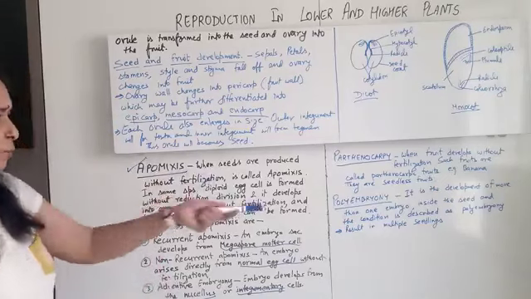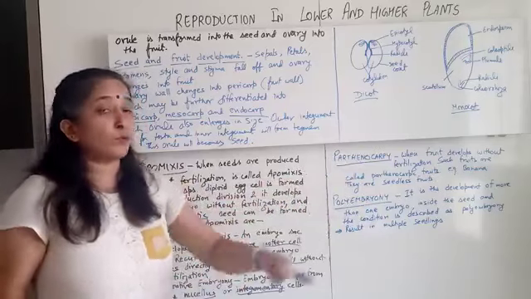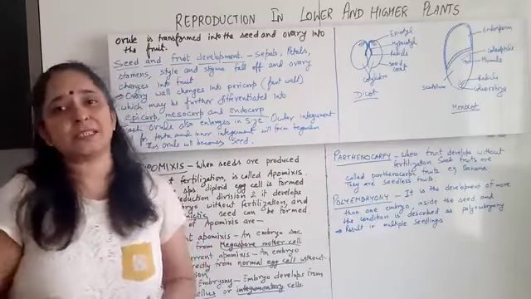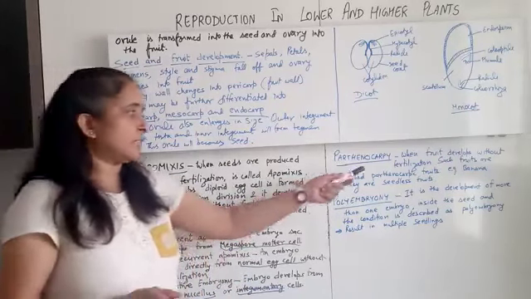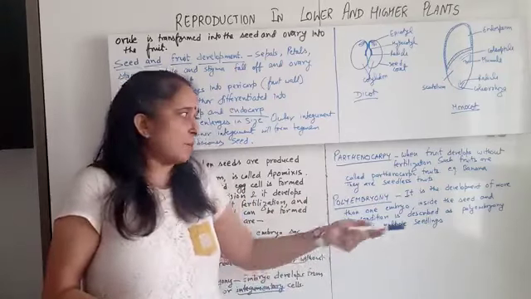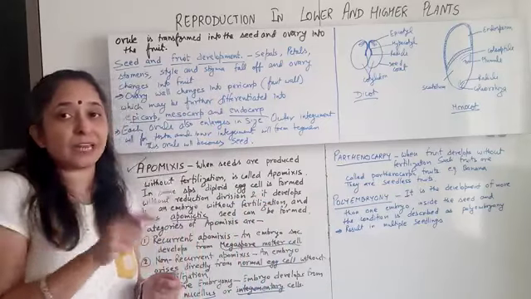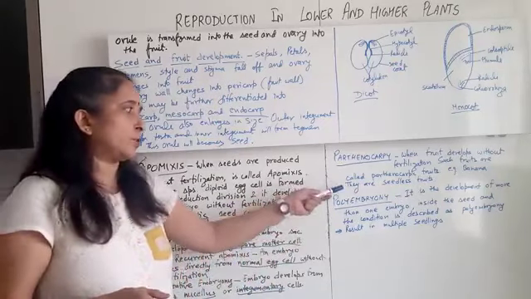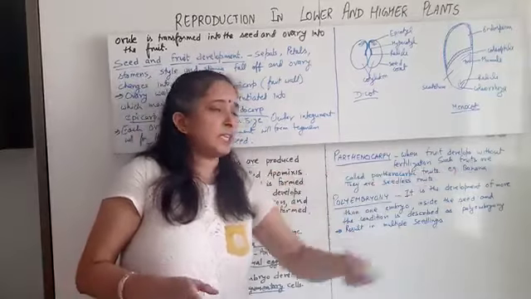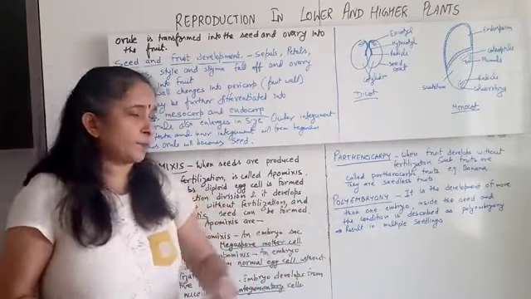Okay. Next, one more topic is parthenocarpy. Parthenocarpy is when the fruit is developed without fertilization. Such fruits are called parthenocarpic fruits. The example is banana. Actually, they are seedless fruits because they form without fertilization. Last term, a new term, is polyembryony.